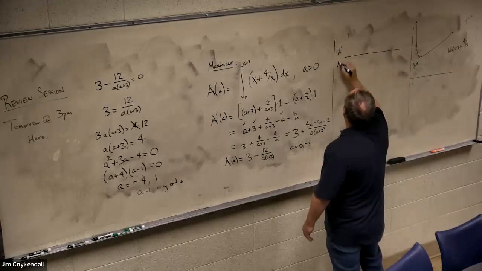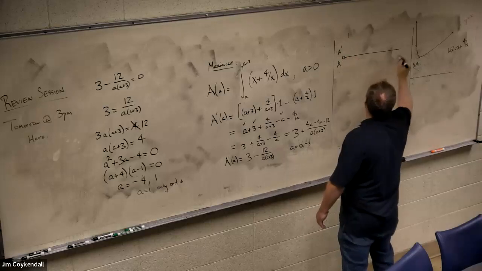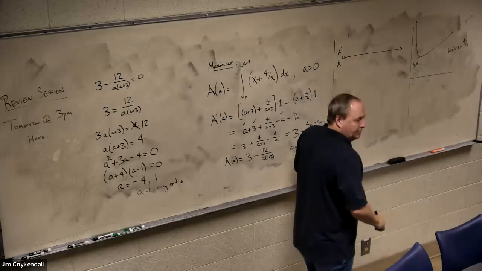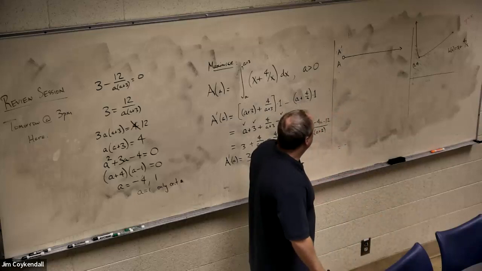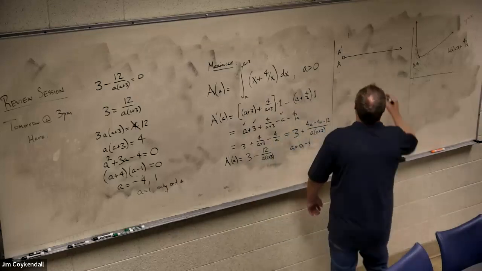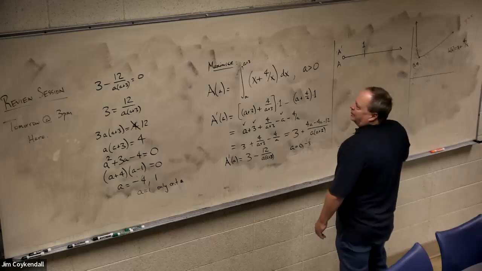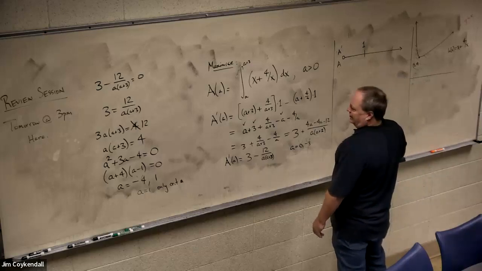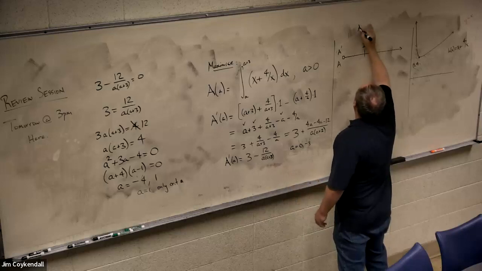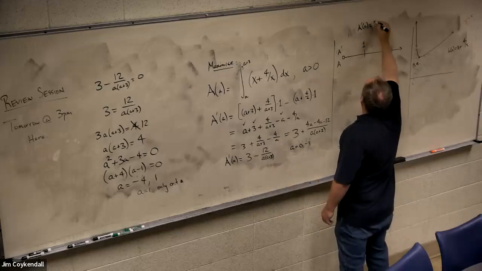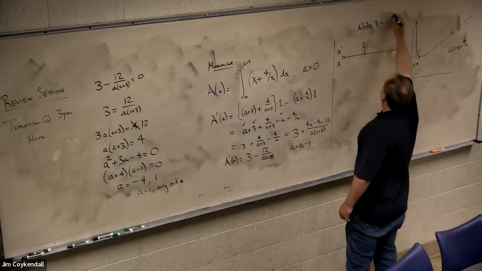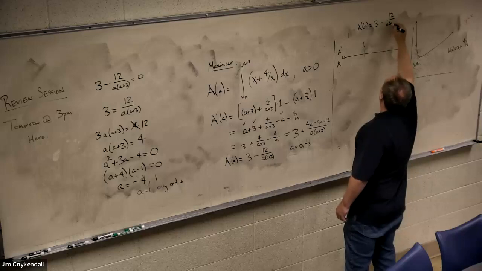A prime of A. Now remember, my playground starts at 0 and goes on forever. I don't have to worry about negatives. I have one and only one critical number, 1. And my derivative was somewhere here. A prime of A is 3 minus 12 over A.